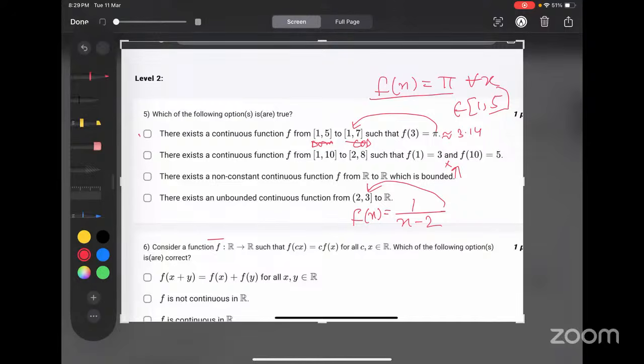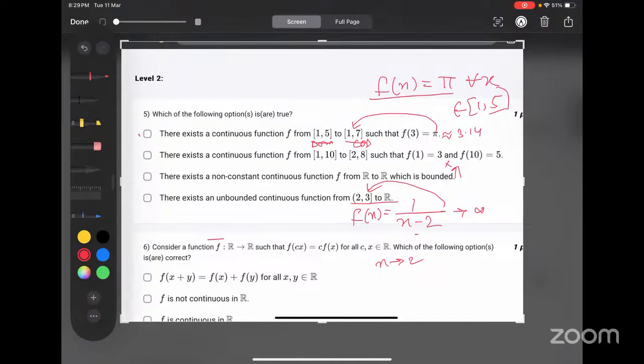When x goes towards 2, this will be going towards infinity. So this is a continuous function from this domain to R, and this is an unbounded function, right?